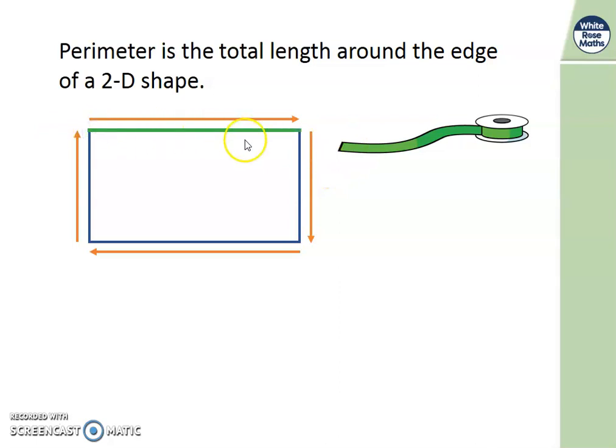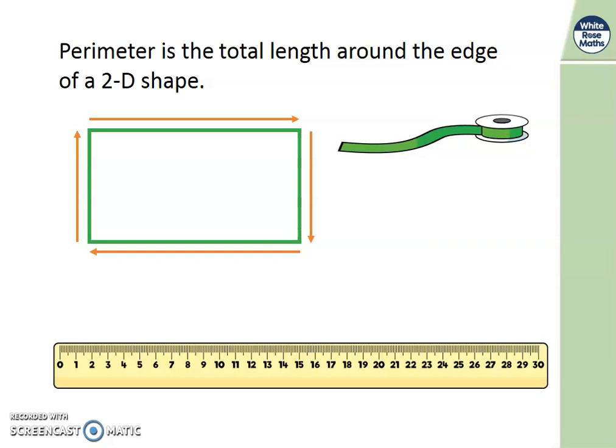We could start here and measure along there, hold it down with our finger at that corner and continue with the next length, hold it down at that corner and continue along there, hold it down at that corner and go back to the starting point. When I've got to there, hold it and grip it with my finger and then I can take the string or the ribbon or the cotton off.